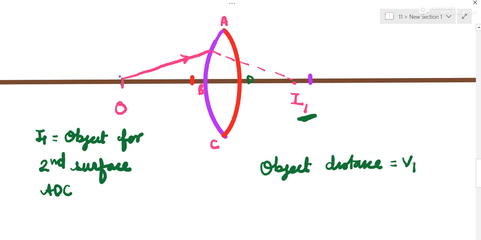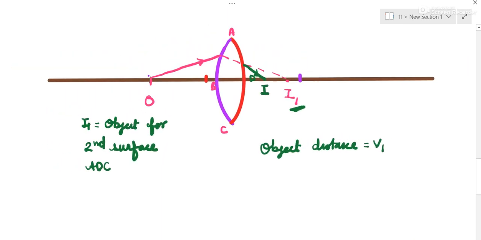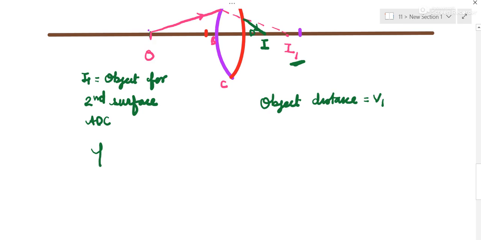Now second surface will refract the ray finally and it will form the image here. This is the final image. Image for second surface is the final image. So your final image is I and final image distance is V.